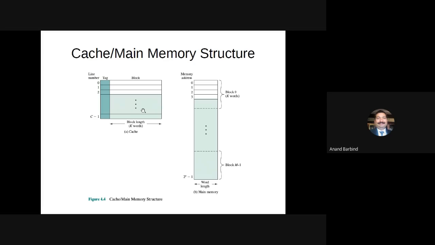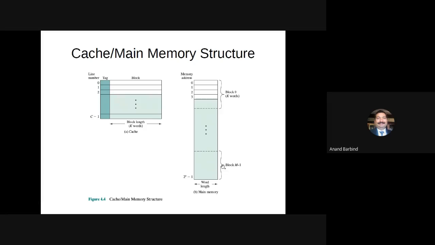The point to be noted here is that there are m blocks in the main memory, whereas there are c lines in the cache memory, or simply cache. The number c, the number of lines in the cache memory, is usually very much smaller than the number of blocks present in the main memory, that is m.